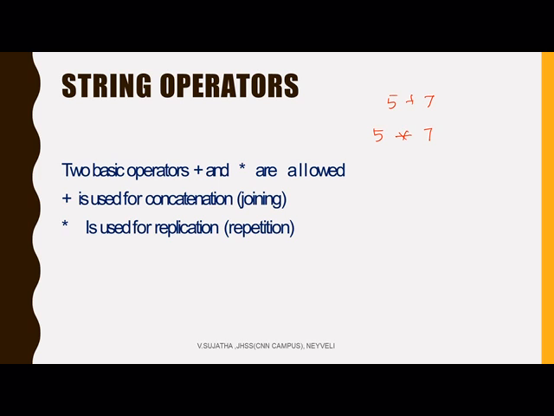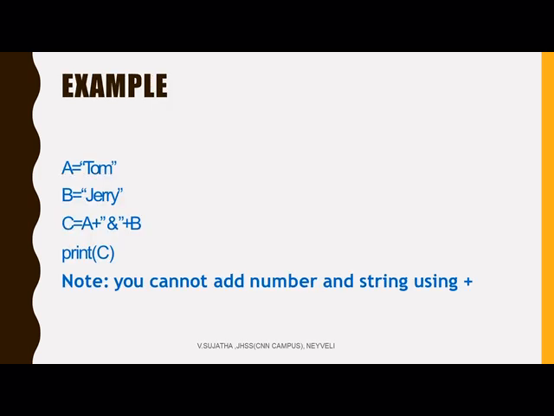Here also both are numerals, integers, and in between you have given the asterisk symbol. Now it will act as an arithmetic operator. If both the operands are strings, the concatenation operator will work as a string operator. For the repetition operator, if one is a string and the other one is numeric, we call it a string operator.